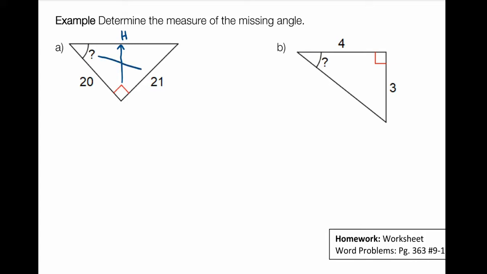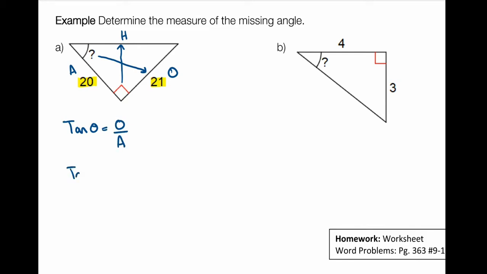So across from my reference angle is the opposite, which leaves the adjacent beside it. Because I'm dealing with the opposite and adjacent, that tells me that I need to use my tan ratio.